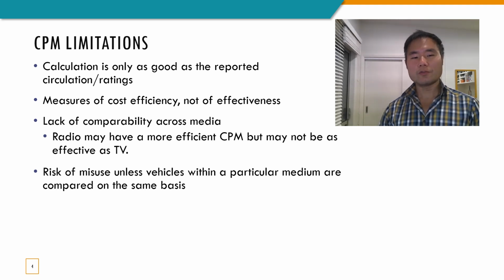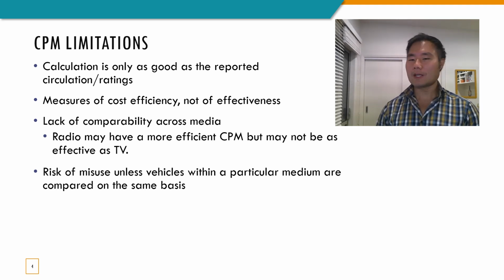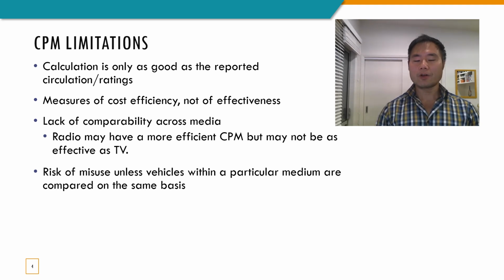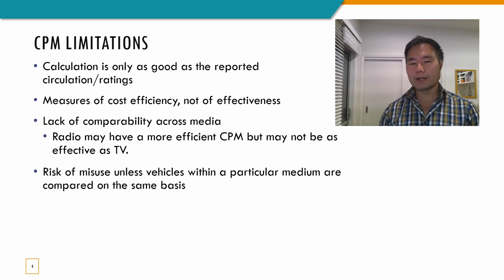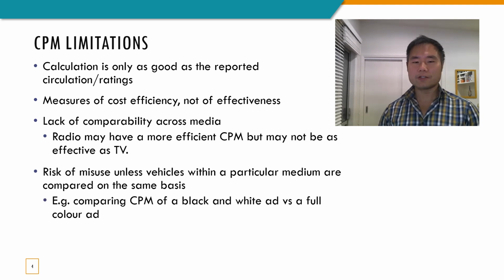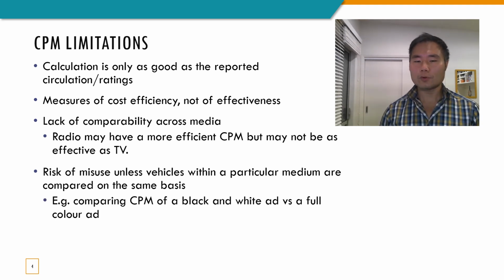There's a risk of misusing this CPM calculation unless the vehicles within a particular medium are compared on the same basis, right? So whereas the previous bullet point talked about using CPM cautiously when comparing across media, this bullet point now is talking about using CPM even within the same medium. So for example here, let's just say we're talking about a magazine ad or a newspaper ad.